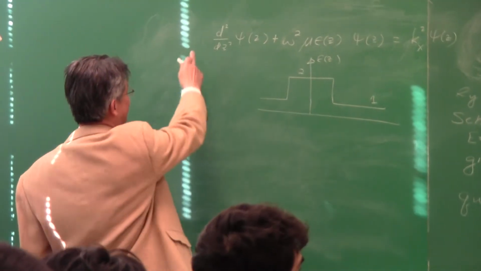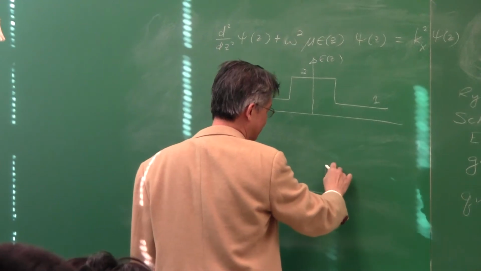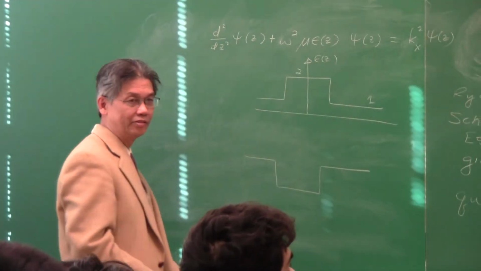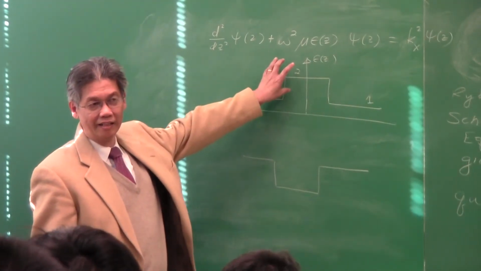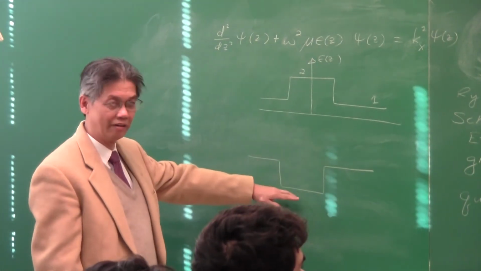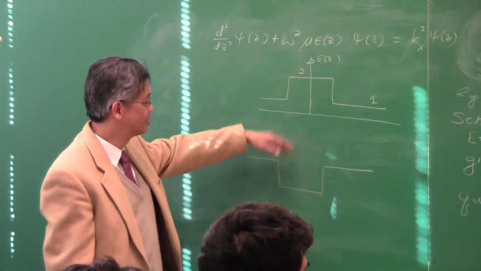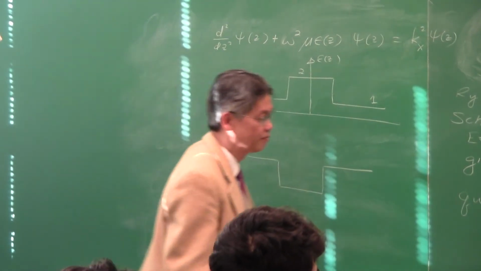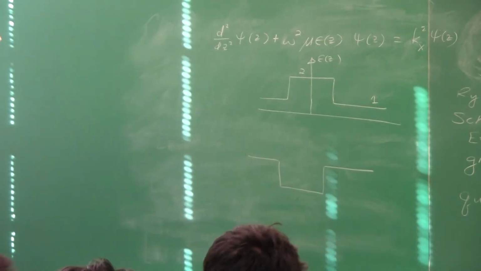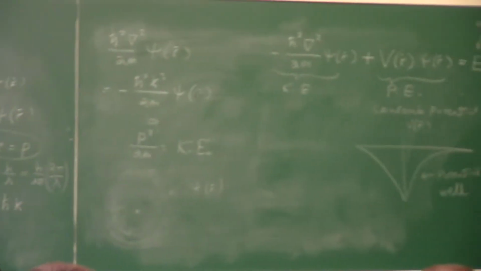But because of the minus sign in the Schrödinger equation, the wall looks in the opposite direction. In the dielectric waveguide, you have a high index material to trap a mode, but for the Schrödinger equation, you have to have a low potential wall to trap a mode. Because of the similar kind of physics here, you can use this because of this negative sign. In order to trap a mode, you need a negative potential wall.